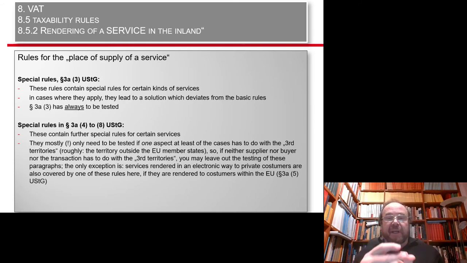So if the supplier is from a third country, customers from a third country, the event takes place wholly or in part in a third country, then look into subparagraphs 4 to 8. If not, then not.